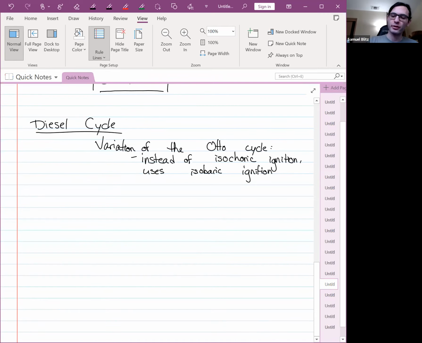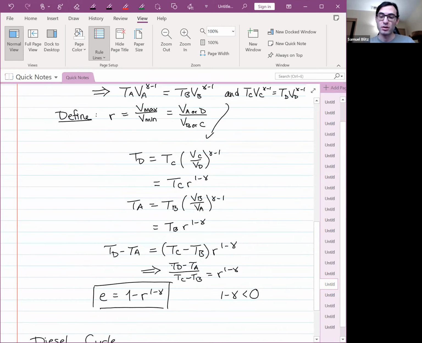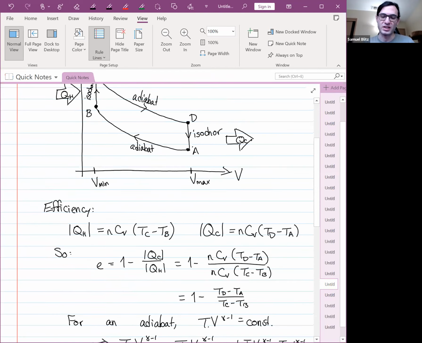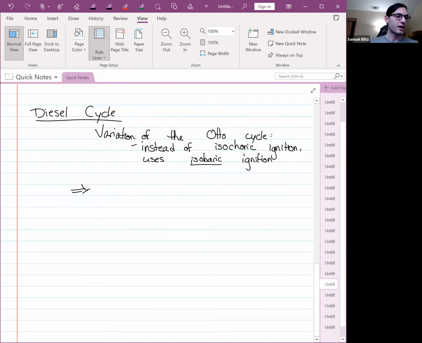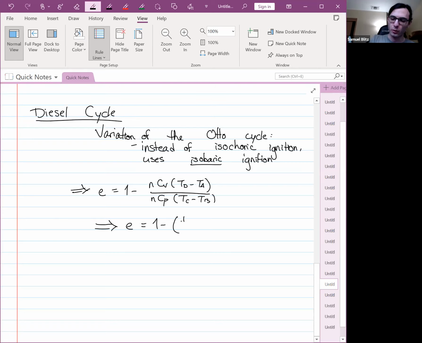And so the end result, and it just amounts to doing the same process again, but in this case, the QH would be nCp rather than nCv. The end result is that the efficiency is 1 minus nCv (Td minus Ta) divided by nCp (Tc minus Tb). And so you end up with an efficiency, after going through the same computations, of 1 minus 1 over gamma times Td minus Ta over Tc minus Tb.